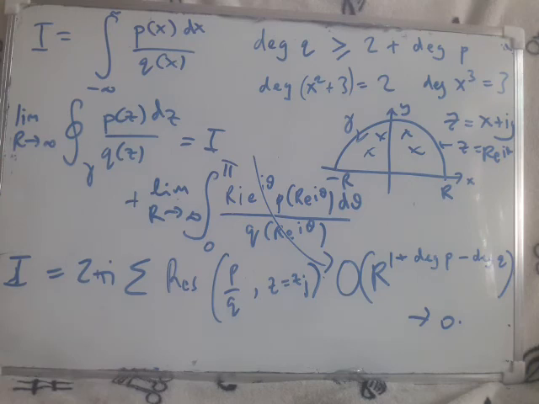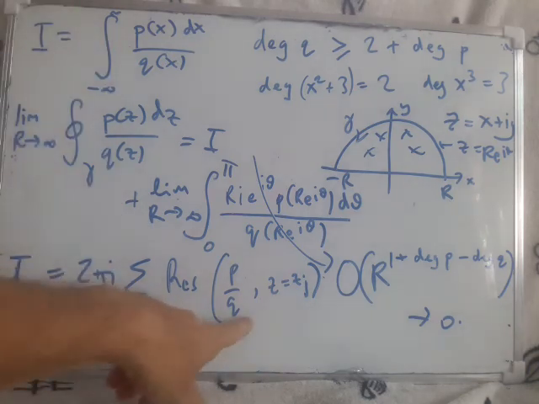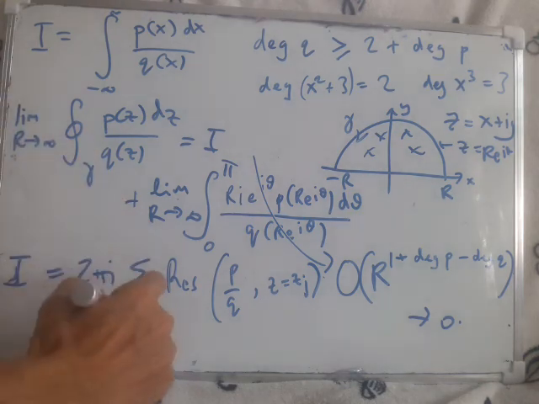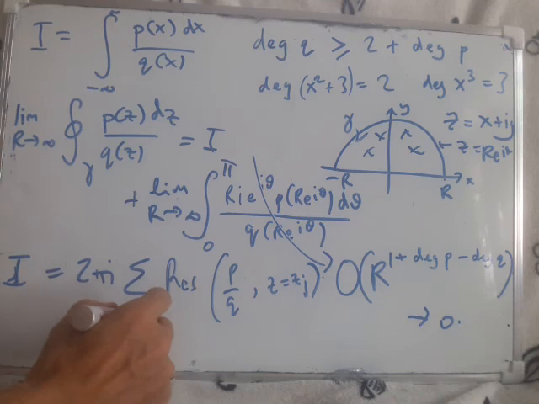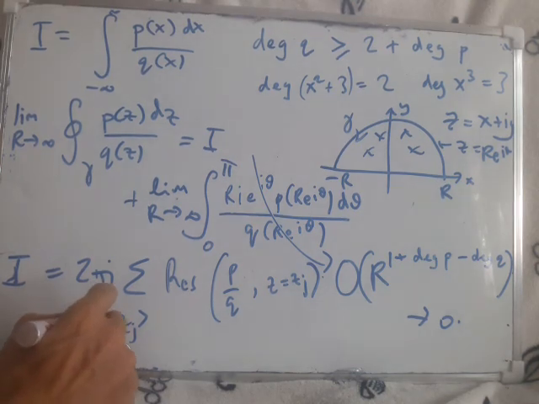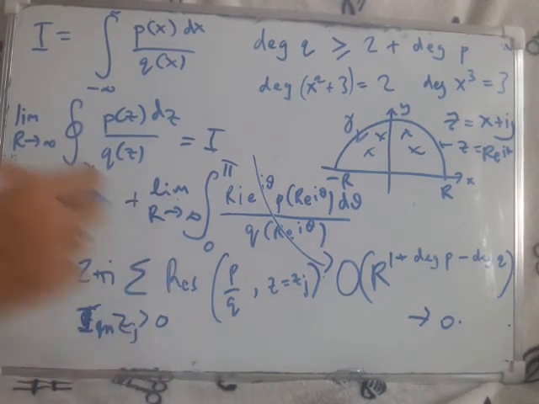So whatever poles you have above the real axis, you sum over those, the sum of the residues of those, multiply 2 pi i. And so I should write, so zj, real part of zj, sorry, imaginary part of zj needs to be greater than 0, so above the real axis.